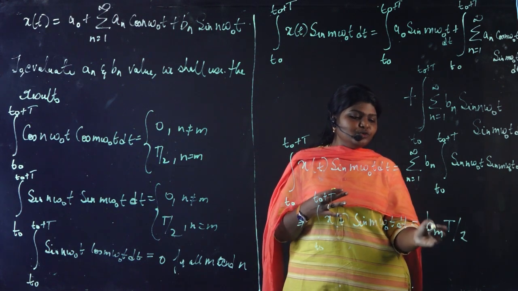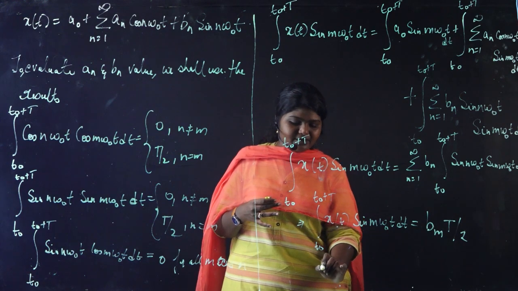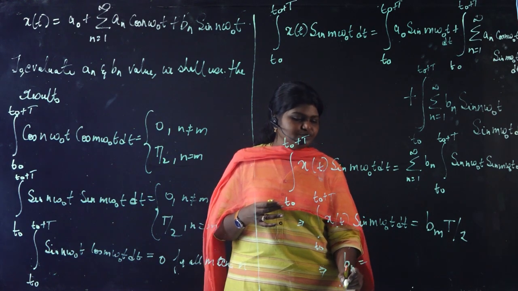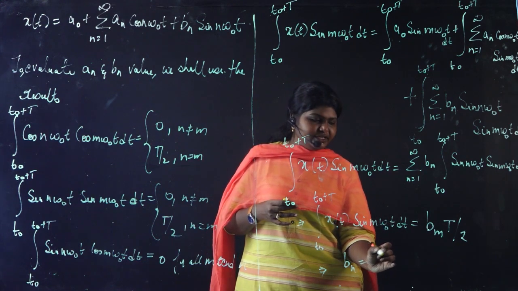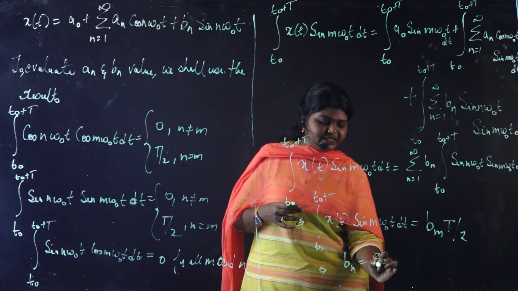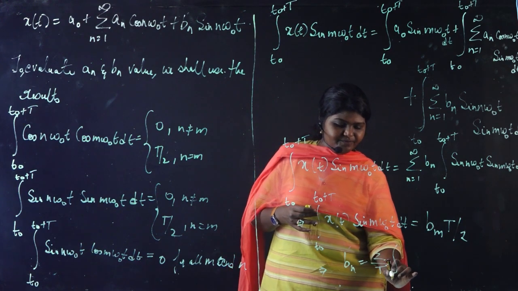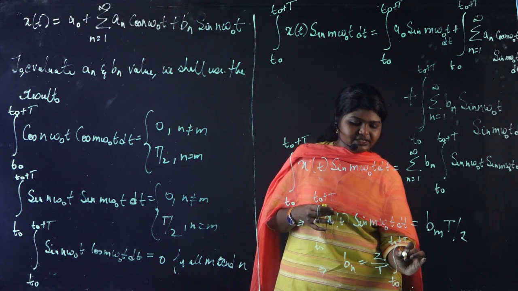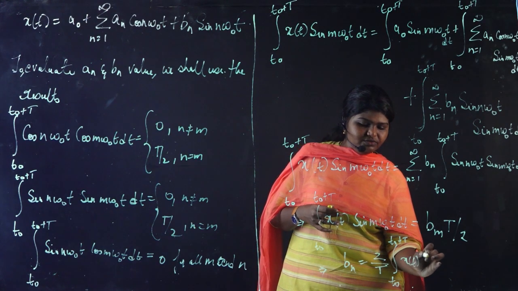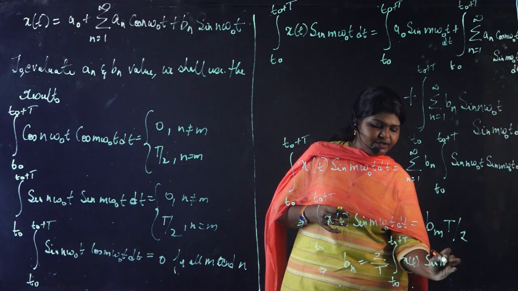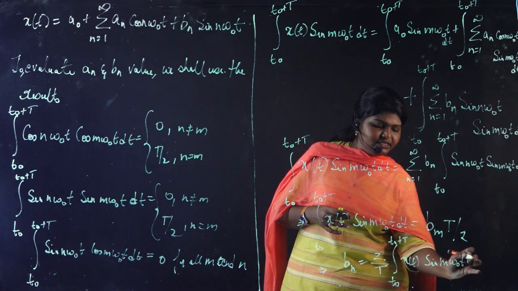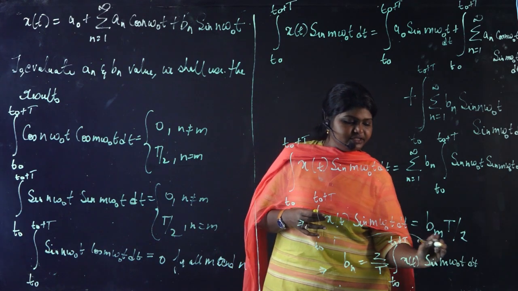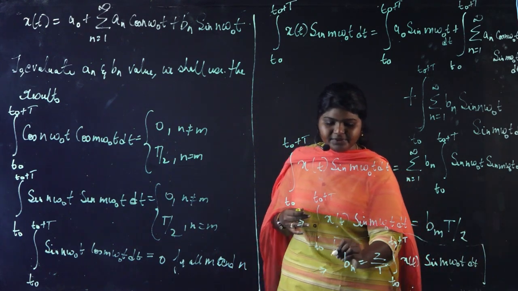You can also replace it back: bringing this to the other side, b n equals 2 by T times the integral over the period of x of t into sine of m omega naught t dt. So this is how we are going to evaluate the value b n.